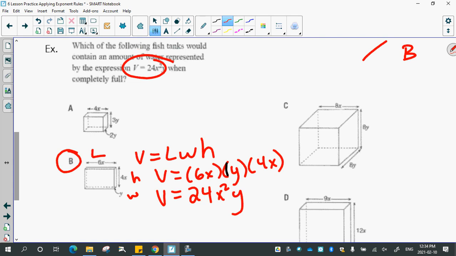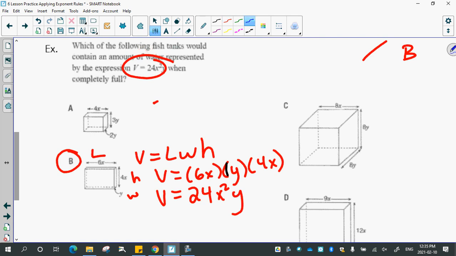What would be your strategy if this was a multiple choice question? You would randomly select B, find the volume of this one, and find the volume for all of them, and then convince yourself that that's the only right one. That is what I would do. Time's not an issue for EQAO, so I would actually do all of them. Do you have another idea? For A and C, they were 2y's, and I was looking for x squared, not y squared.